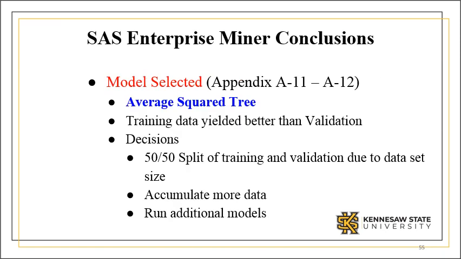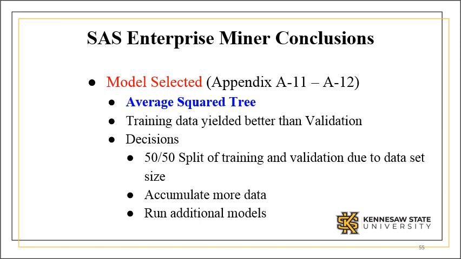Comparing all the models to one another, as will be displayed in Appendix A11 through A12, the model selected was the average squared error tree. It seems to present the most positive data regarding the determination of a person being diagnosed with breast cancer.